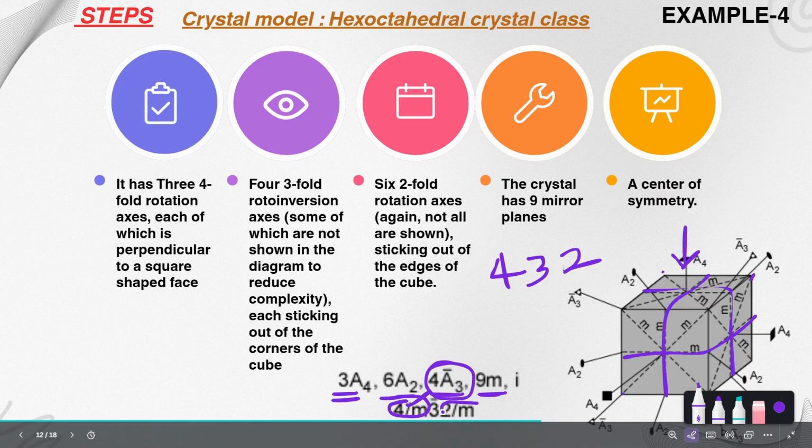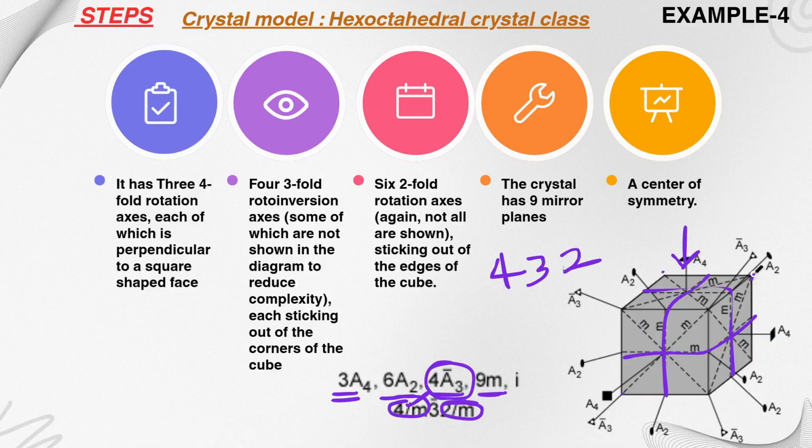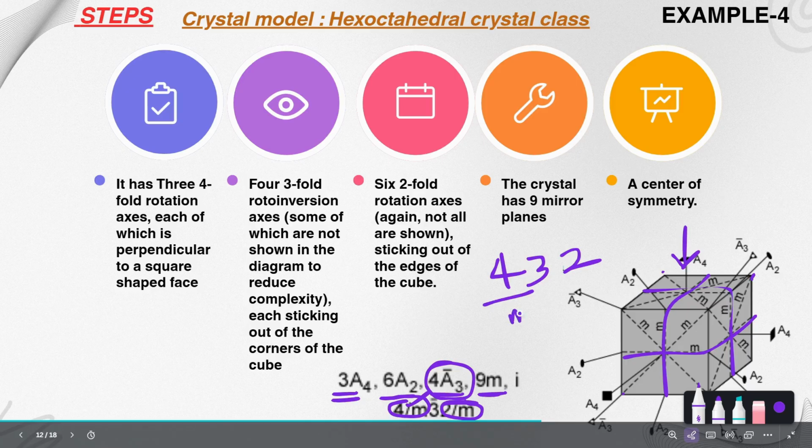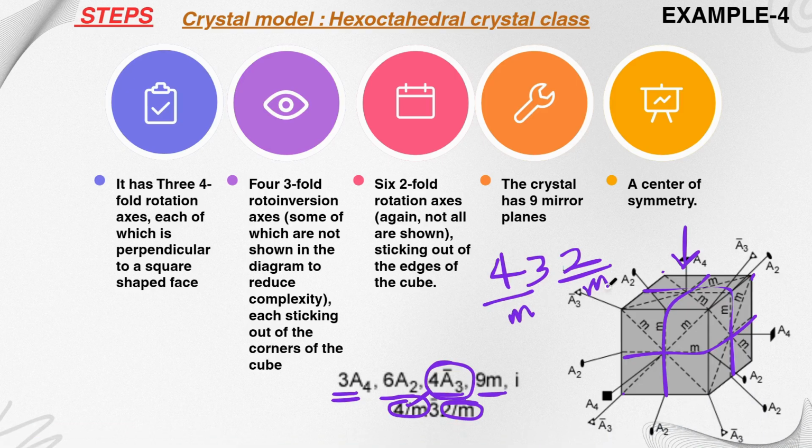Similarly, the 2-fold symmetry which passes through the edges also has the mirror plane perpendicular to it. Hence it's 4/m and 2/m. And if you see the center of symmetry across this 3-fold symmetry, you will get 3 bar, hence it's written 4/m, 3 bar and 2/m. So here we find the point group as 4/m 3 bar 2/m.